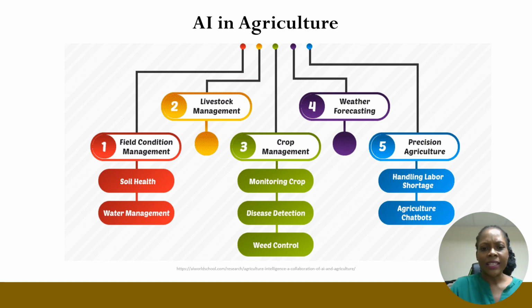These artificially intelligent computers have found several applications in agriculture. If you did a Google search of AI in ag, you will find several peer-reviewed publications or just news articles on how AI-based software is being applied in agriculture, from field condition management, livestock management, crop management, weather forecasting, and of course, precision agriculture.